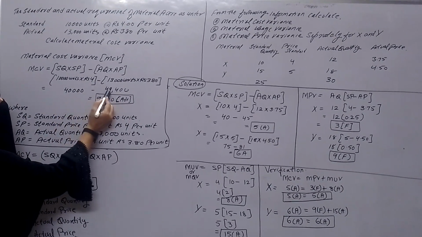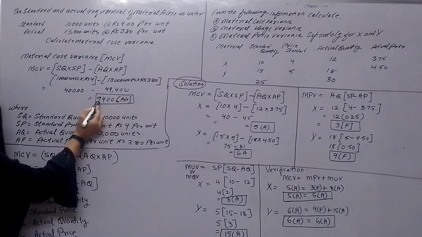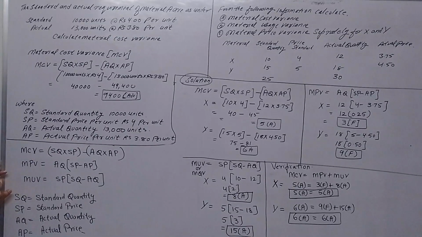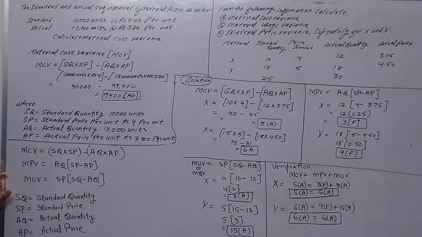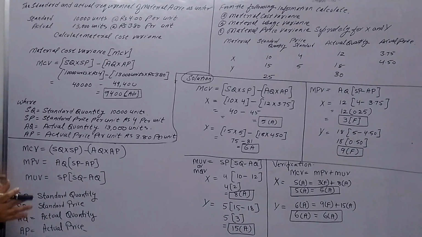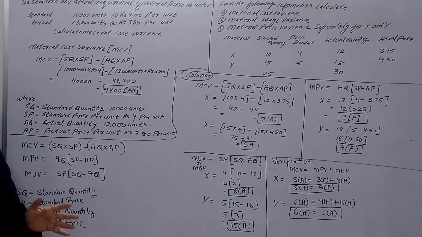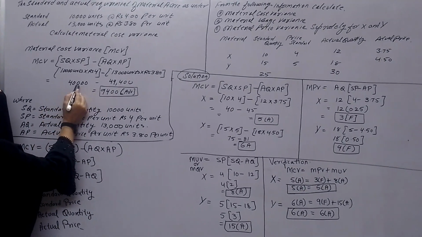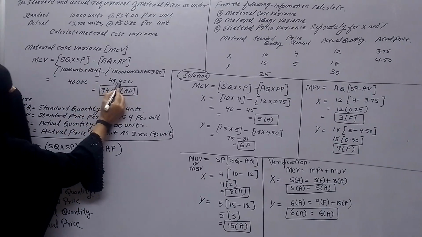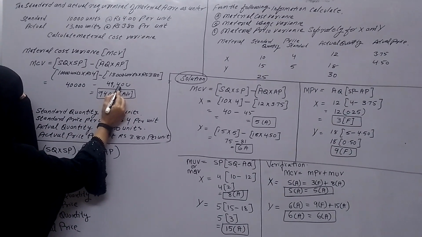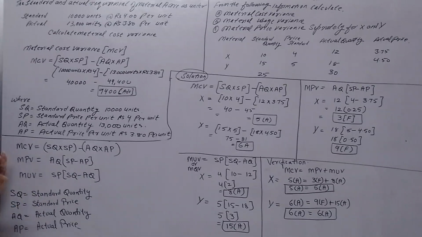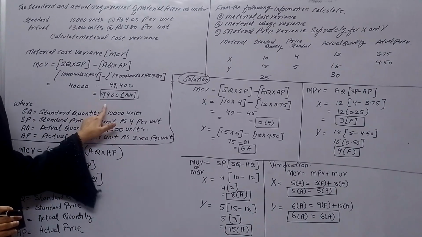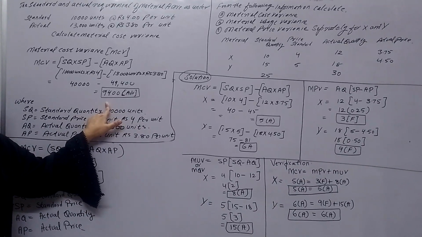So 40,000 minus 49,400, the difference is 9,400. This difference is called variance, and it may be favorable or adverse. Students, the rule is simple: if actual is more, the difference is called adverse, because the difference is not favorable for us.